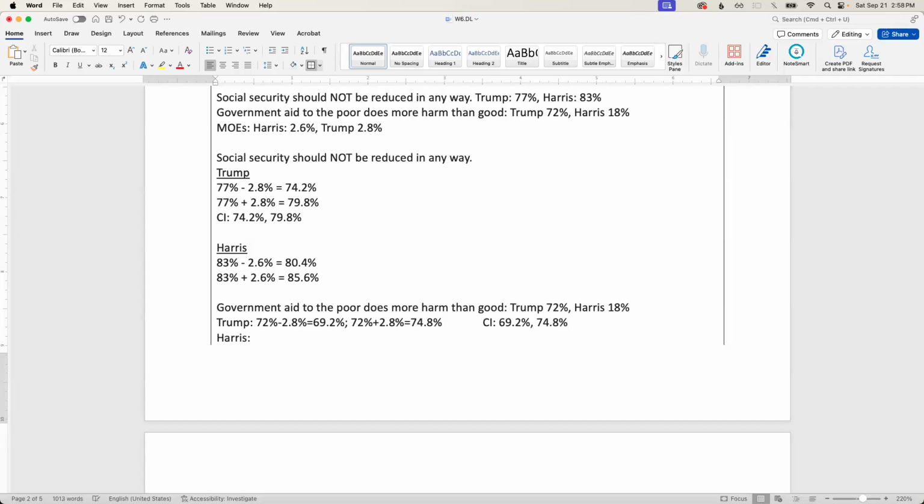For Harris supporters, it was 18% plus or minus 2.6%, which equals 15.4% to 20.6%.